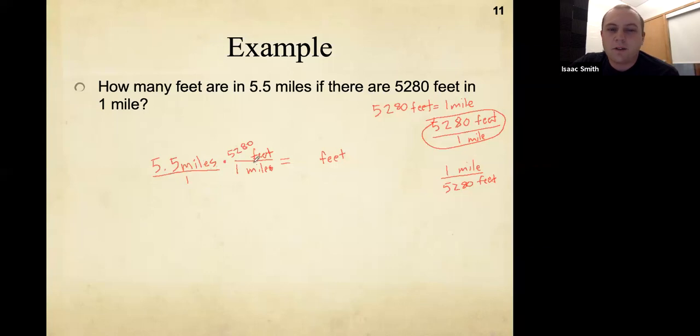Now what you can do is just run through this on your calculator. Our miles in the numerator is going to cancel the miles in the denominator. So the only units that we have left are feet. Those are going to be present in the answer over here.